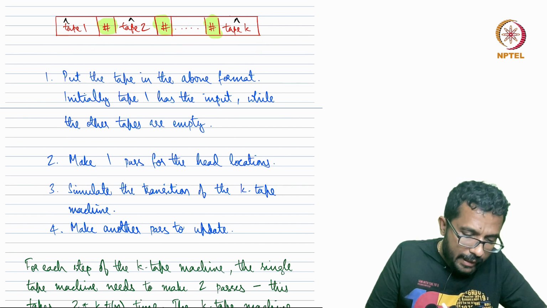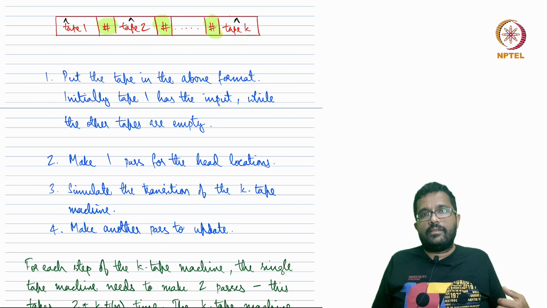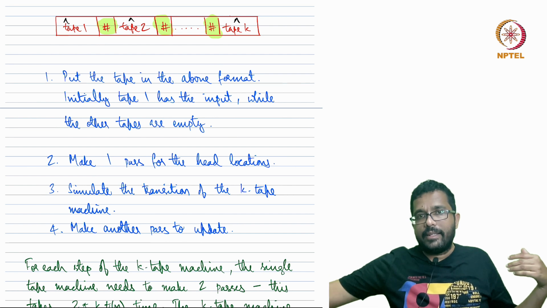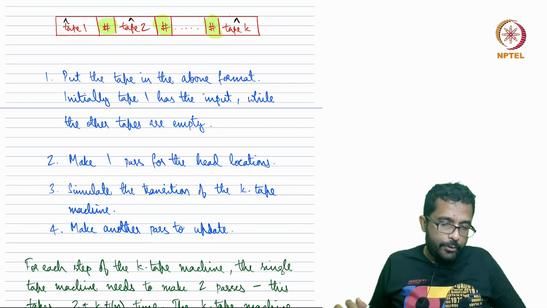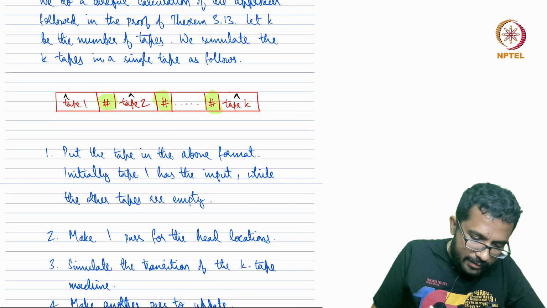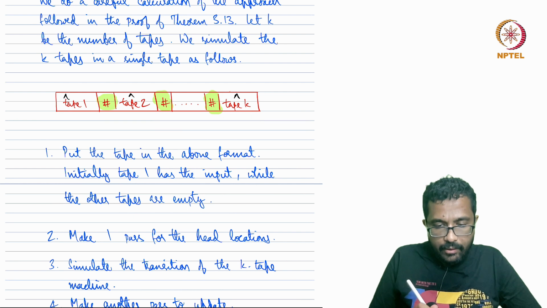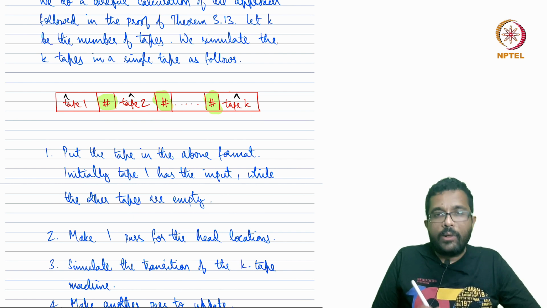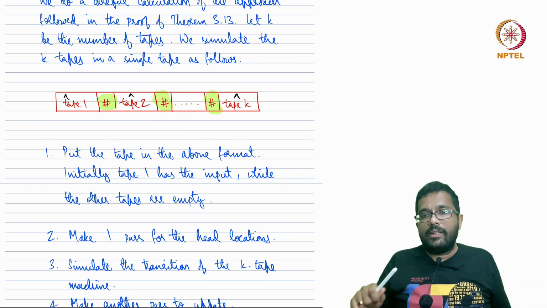There are K tapes, however long these K tapes can get filled with content. These are tapes corresponding to the multi-tape machine. So if the multi-tape machine runs in T time, in the worst case how much can the tape get filled up?